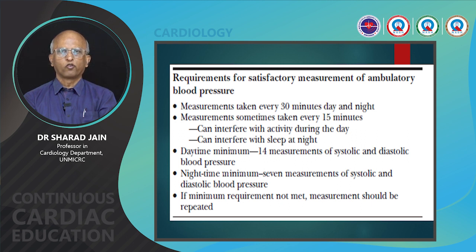Daytime, ideally you should have 20 measurements, but at least 14 measurements for a successful ABPM of systolic and diastolic blood pressure. Night time, usually 7 measurements is okay, because sleeping is usually considered 7 hours. If the minimum requirement is not met, then you have to repeat the same.